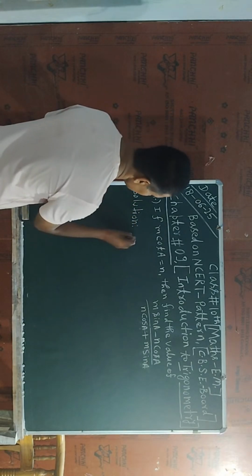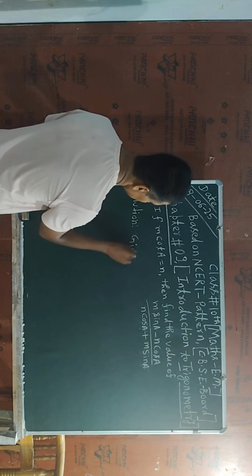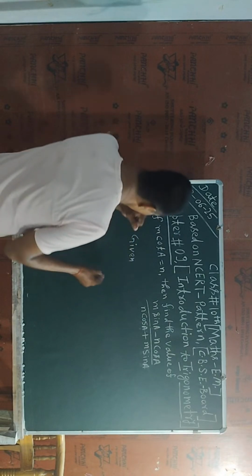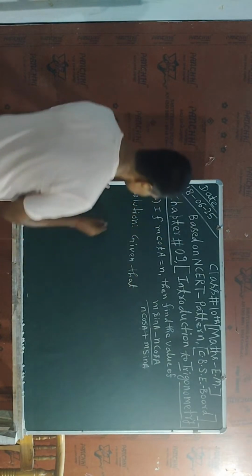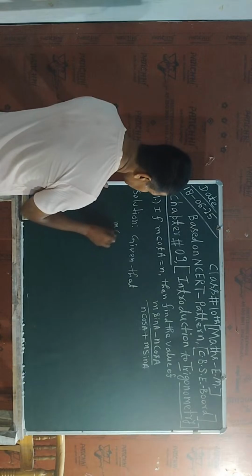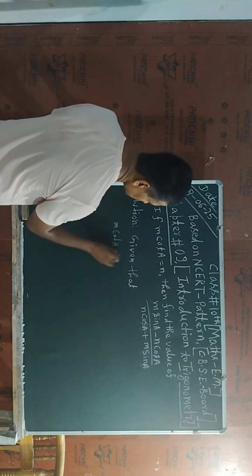First of all, here I will write given, that is the information given in the question: m cot A is equal to n.